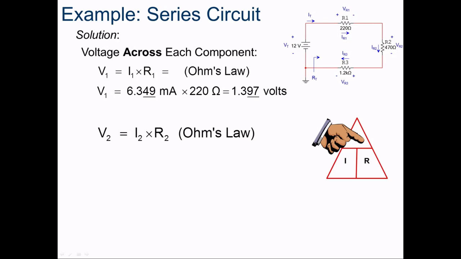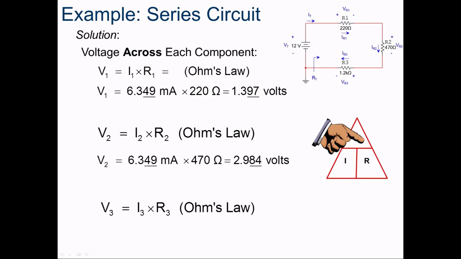Remember, 6.349 milliamps times 220 ohms equals 1.397 volts. Voltage at resistor 2, 6.349 times 470 equals 2.984 volts. At resistor 3, 6.349 milliamps times 1.2 kiloohms, 7.619 volts.